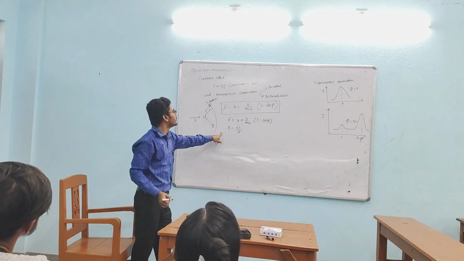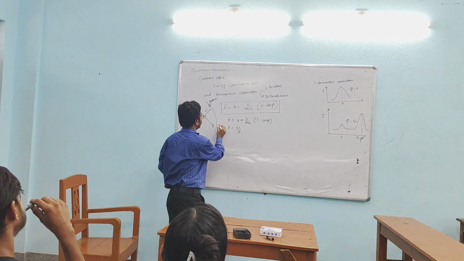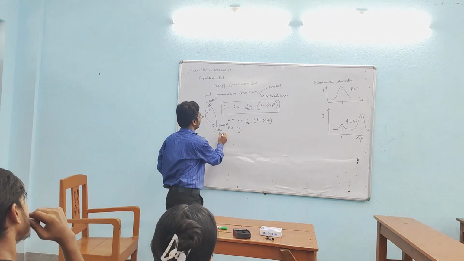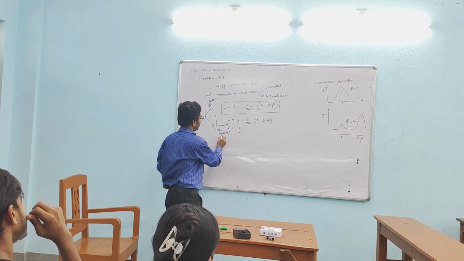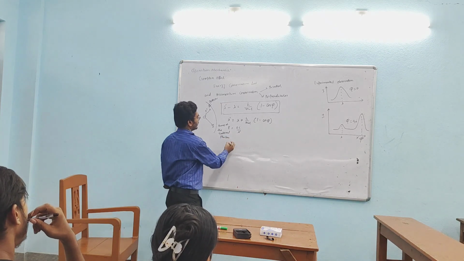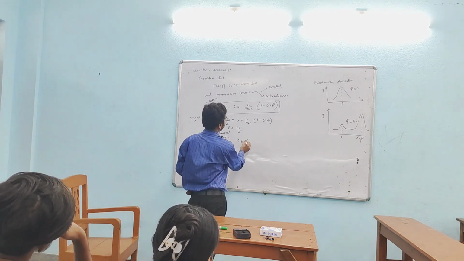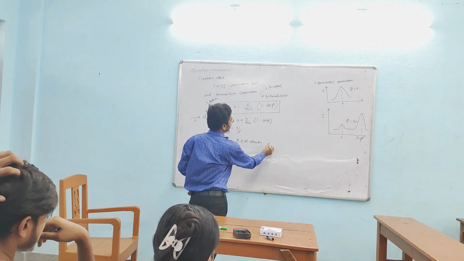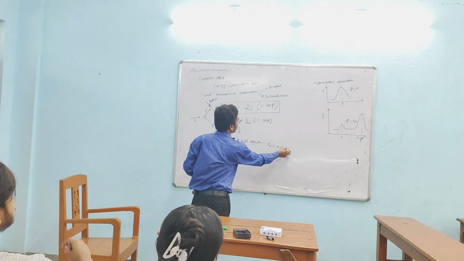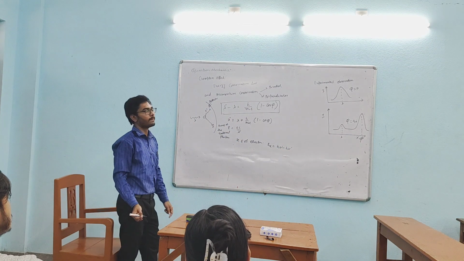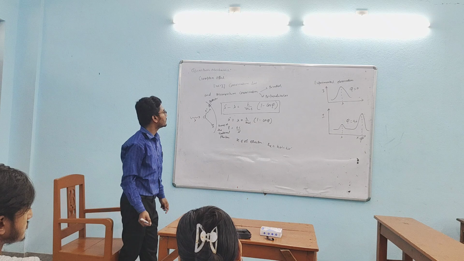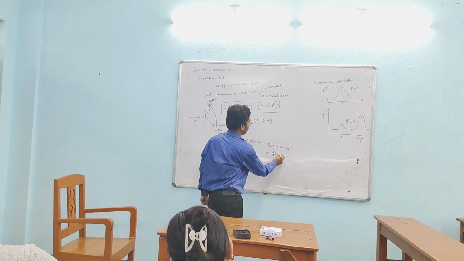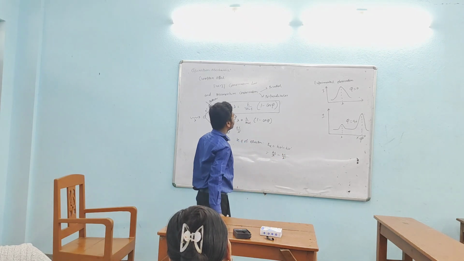Then the kinetic energy of the electron, Ek, is h nu minus h nu dash, that means hc by lambda minus hc by lambda dash.